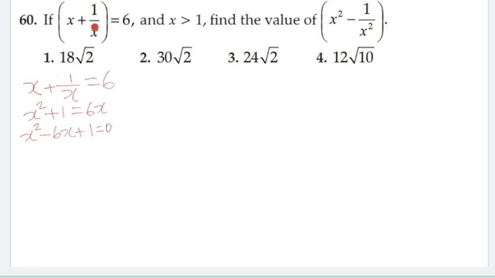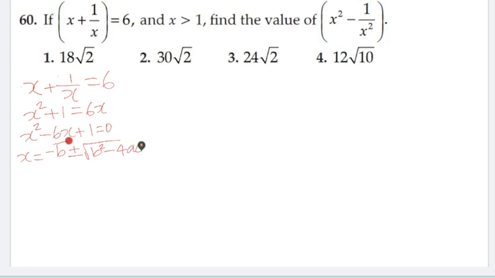We can easily solve this by using the formula x equal to minus b plus or minus root of b square minus 4ac. So what is b here?